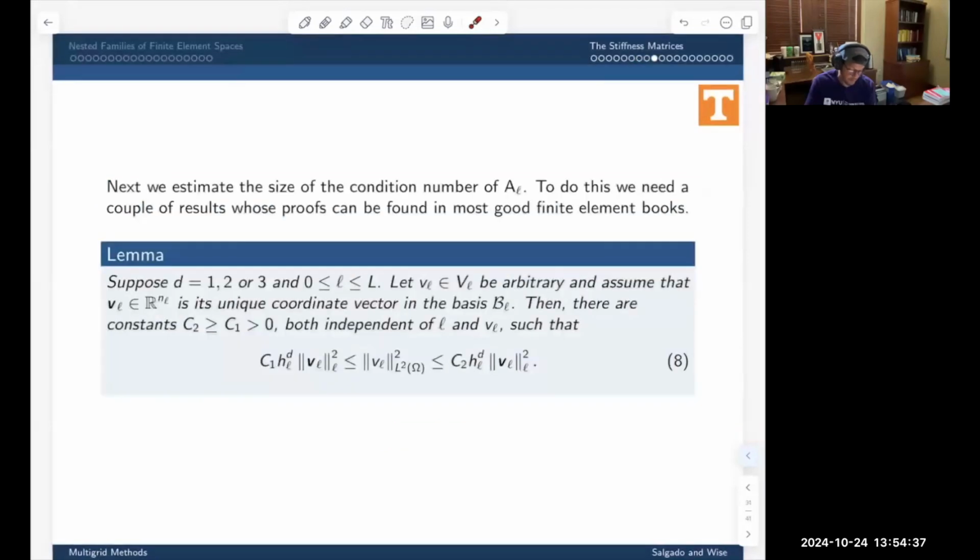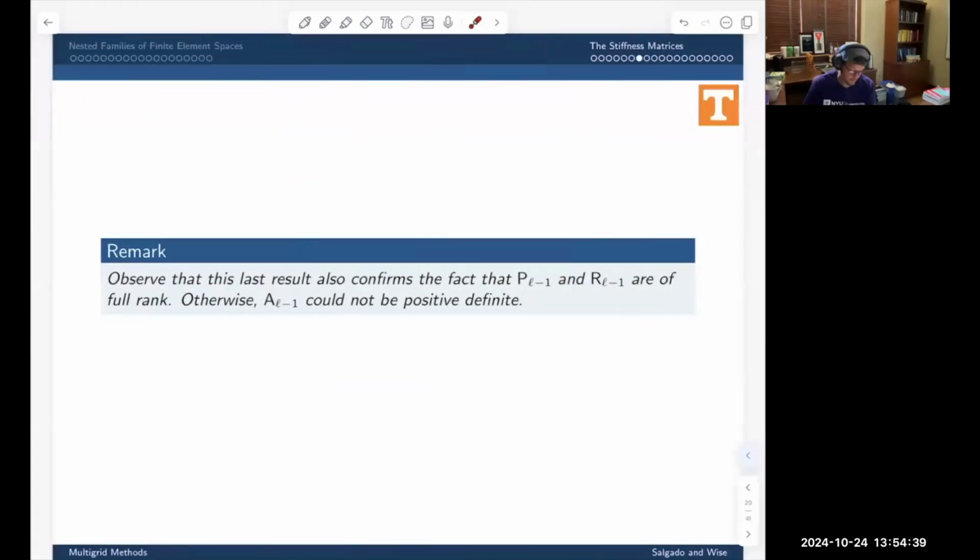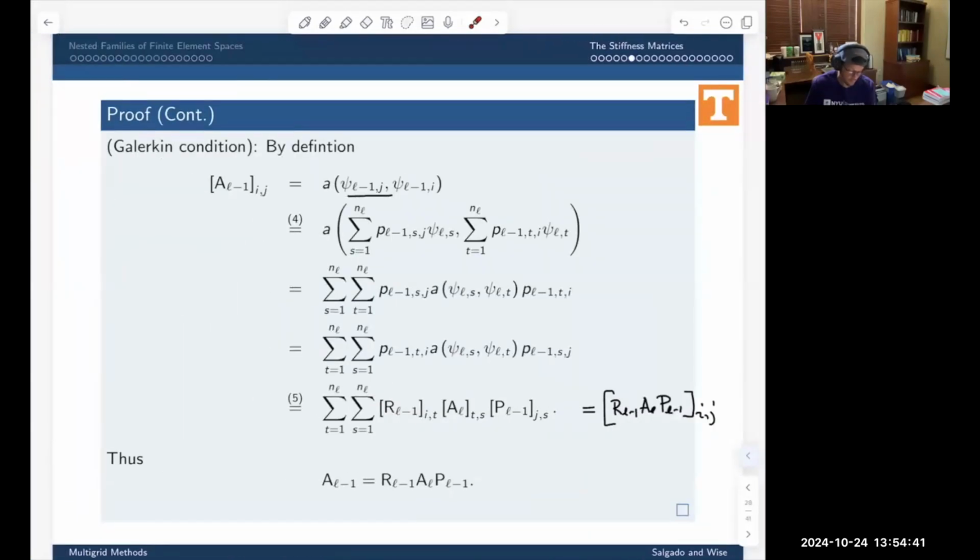See if I can get back to the right page. I think so. So that one looks okay. L minus 1, SJ, S and TI, T. I think so, but I could be wrong.